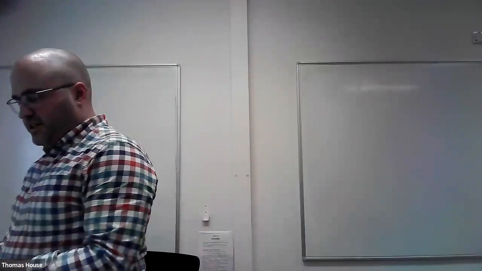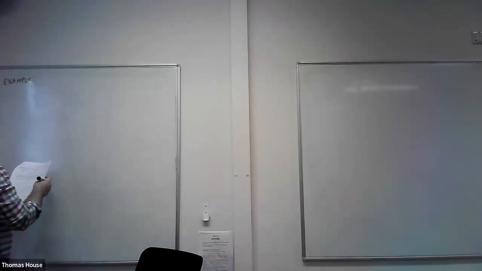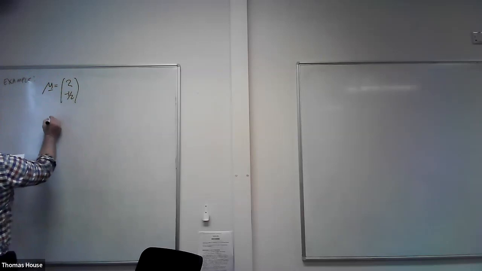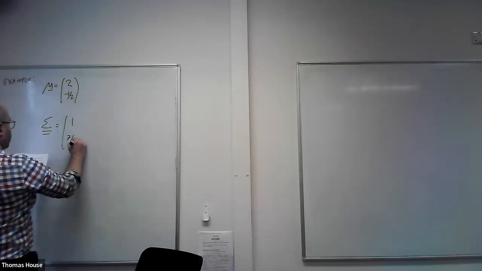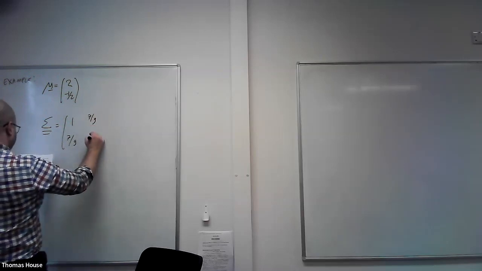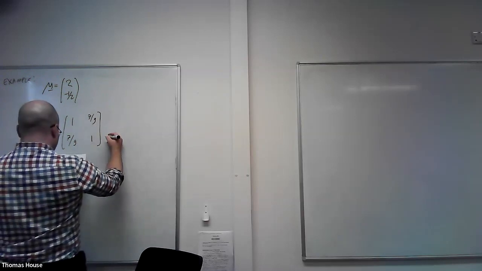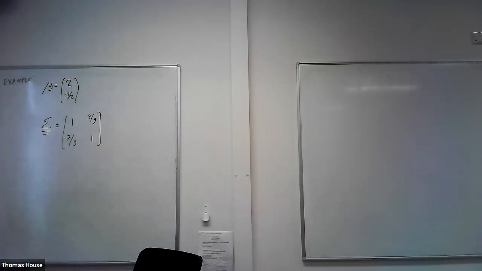So now let's do a worked example. Let's take some mu is (2, minus a half). Sigma is (1, 7, 9). Okay, so that's our example of a multivariate normal.